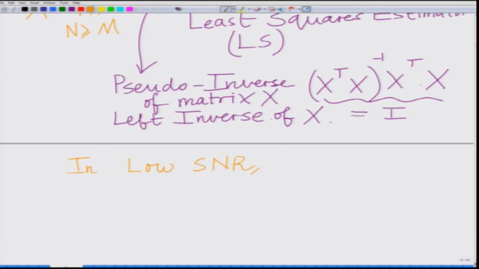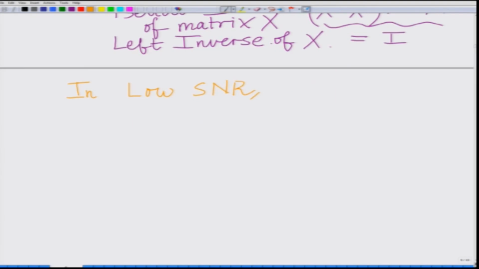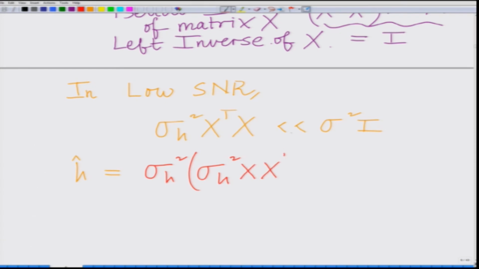in this case the signal covariance will be very small compared to the noise covariance, that is sigma h square x transpose x is much smaller than sigma square times identity. Therefore, if you observe closely, h hat is sigma h square x transpose x plus sigma square identity inverse x transpose y.